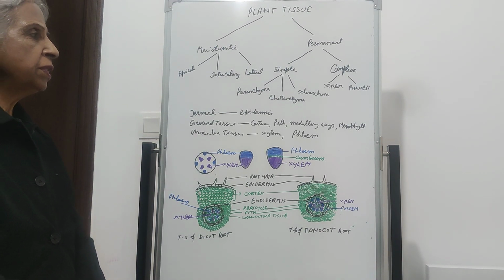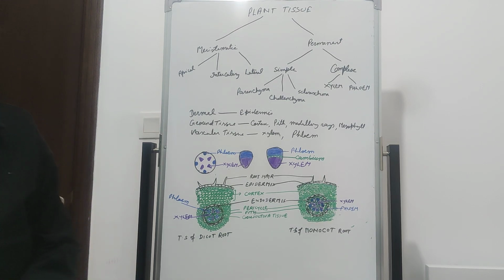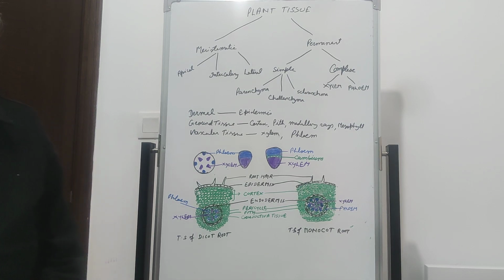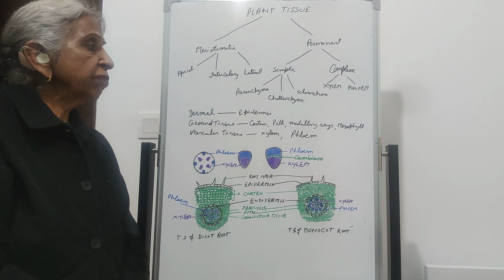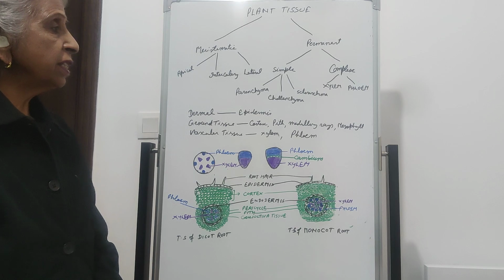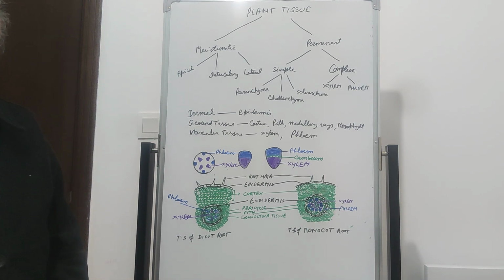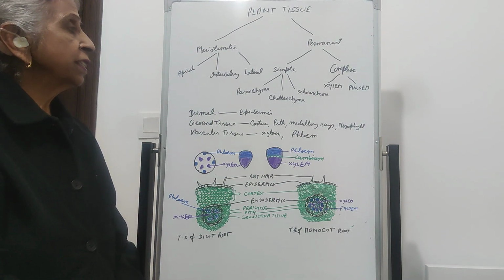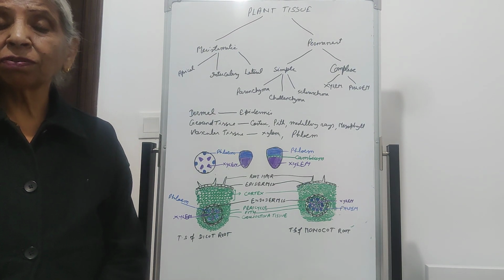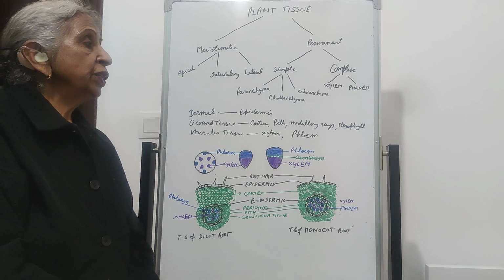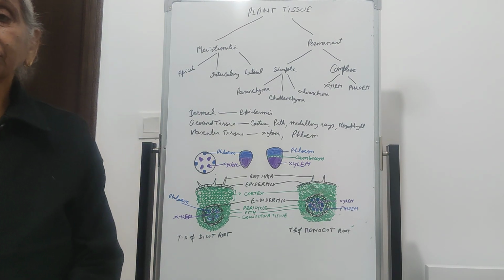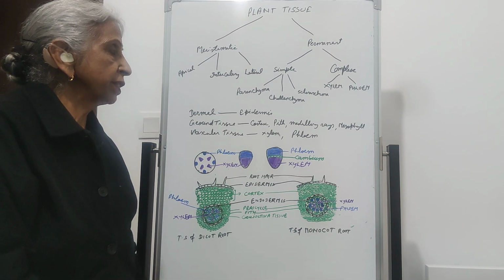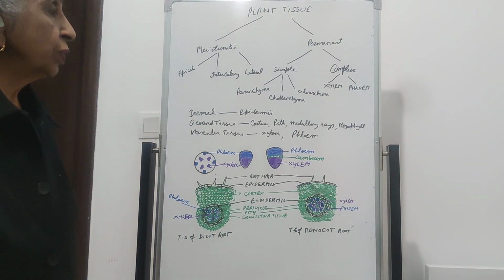Then phloem fibers are also elongated structures with tapering ends and lignified walls. They are suberized as well, and these phloem fibers are of great commercial importance. Phloem fibers are called bast fibers, as in jute and sunhemp, and are of commercial importance. This is all about phloem.